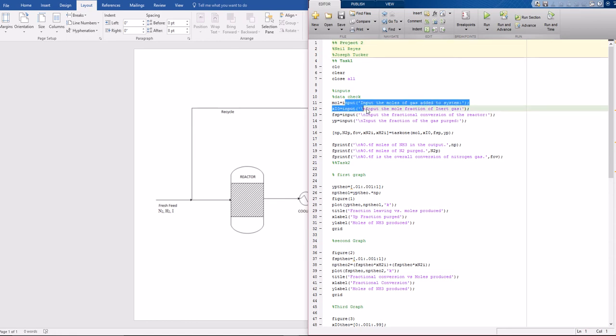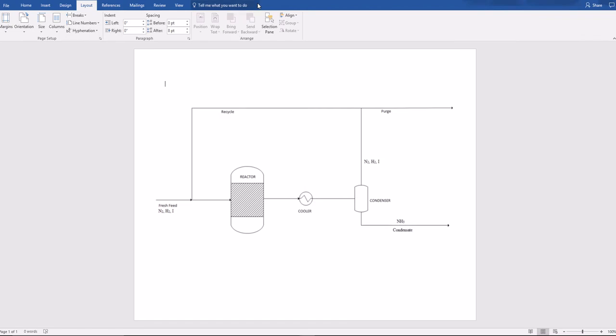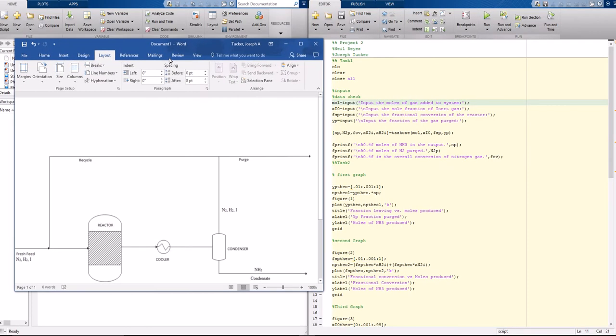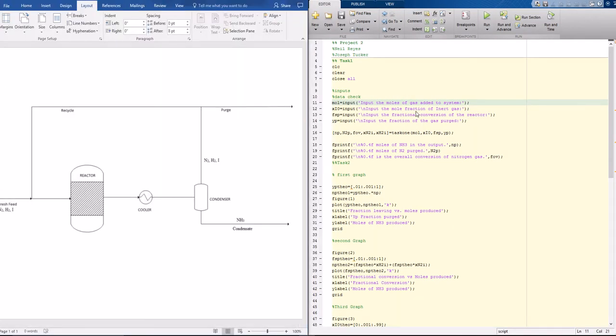Our code starts off with inputting how many moles of gas you're adding to the system. This is important because you need to know how much you're adding to the system. Therefore, you can find at the end how much is coming out, because all we're working with here is percentages. Now you're going to enter the percentage of inert gas, the fractional conversion of the reactor, which is going to tell you what percentage of gas your reactor is actually going to convert into ammonia.